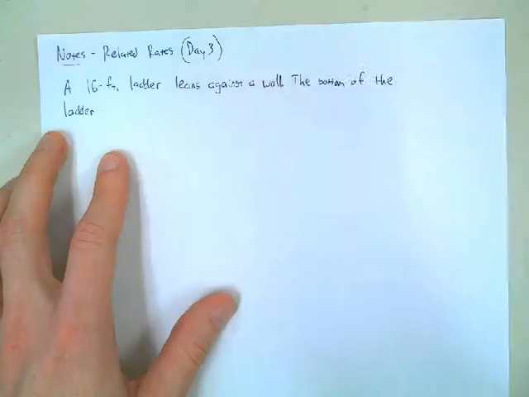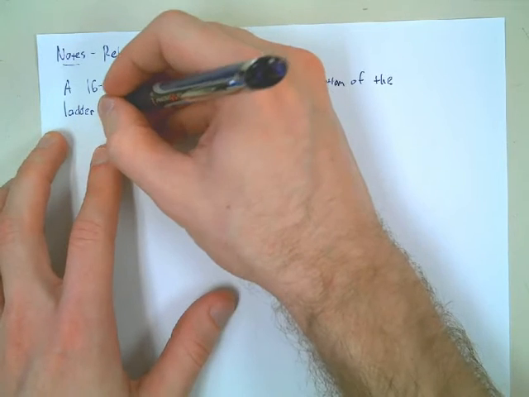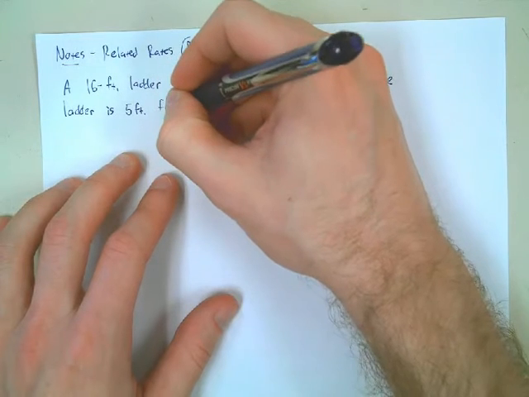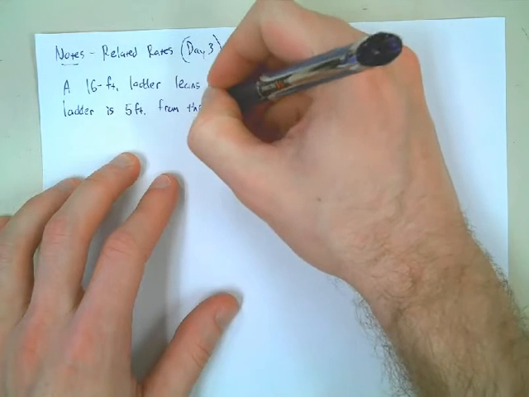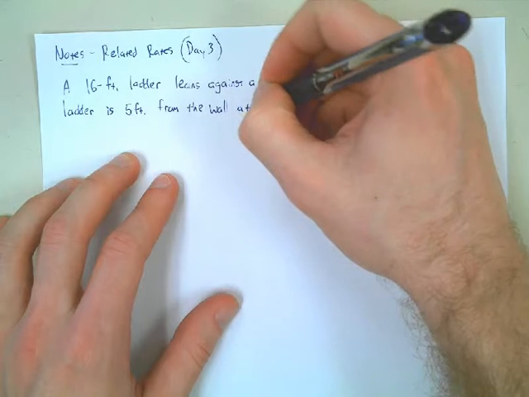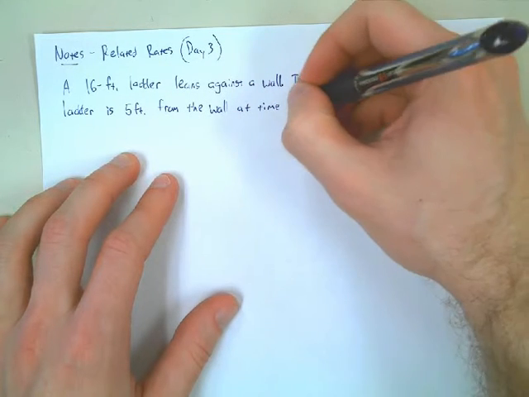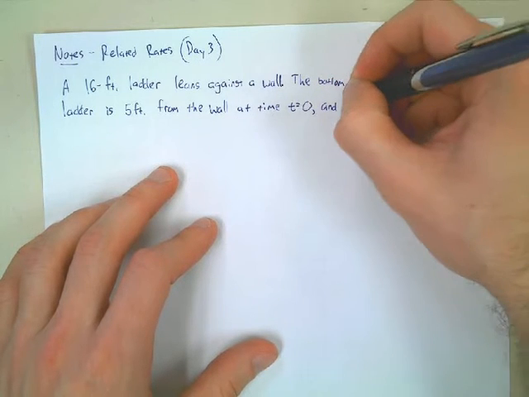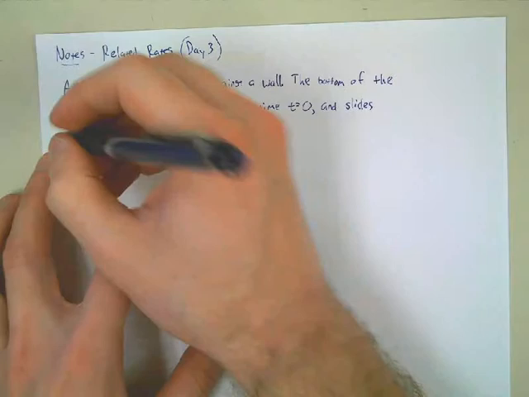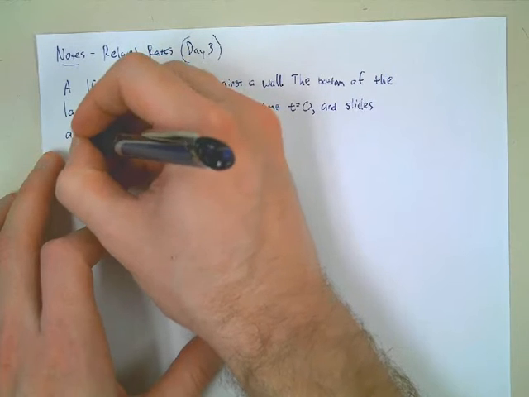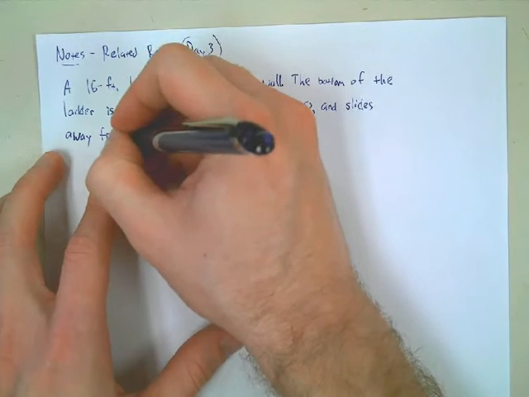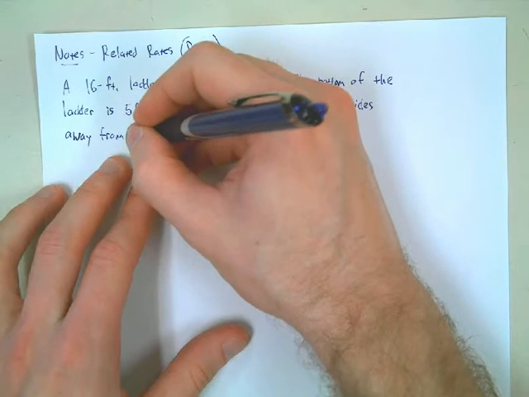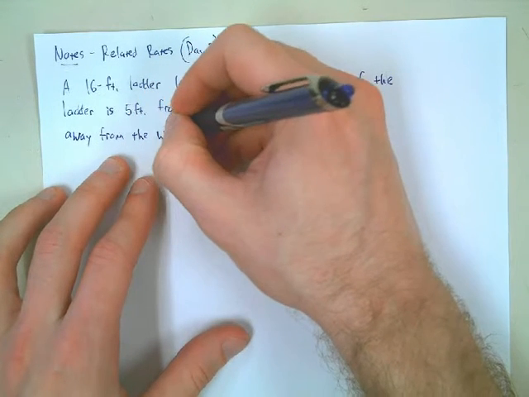The bottom of the ladder is 5 feet from the wall at time t equals 0, and slides away from the wall at a rate of 3 feet per second.